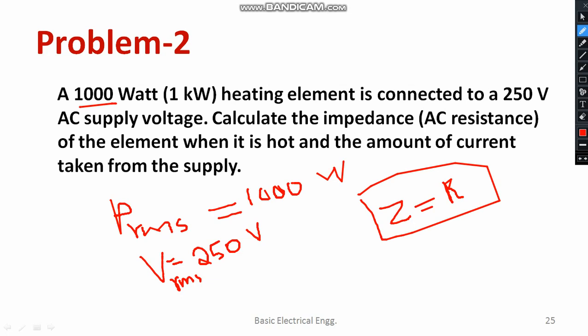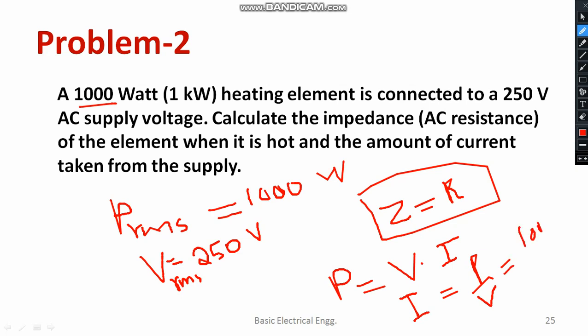You can use the formula P is equal to V into I, both in RMS. From this relation I can calculate I. I is equal to P by V, so 1000 by 250 is 4 amps. Current is equal to 4 amps.